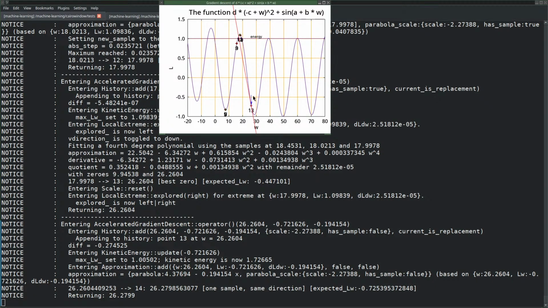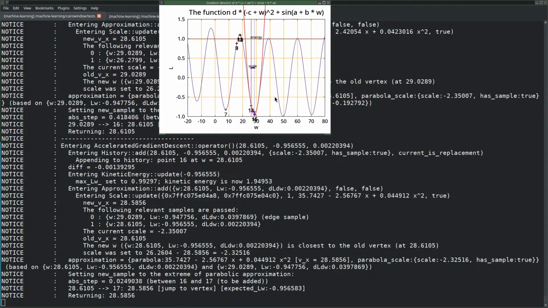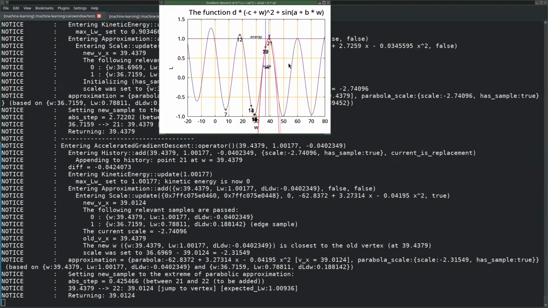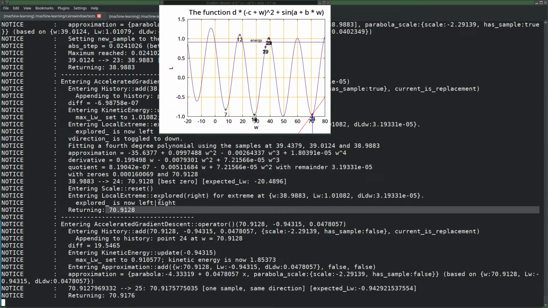Now it looks like the negative is okay. Yeah, this is extremely positive and extremely wrong.